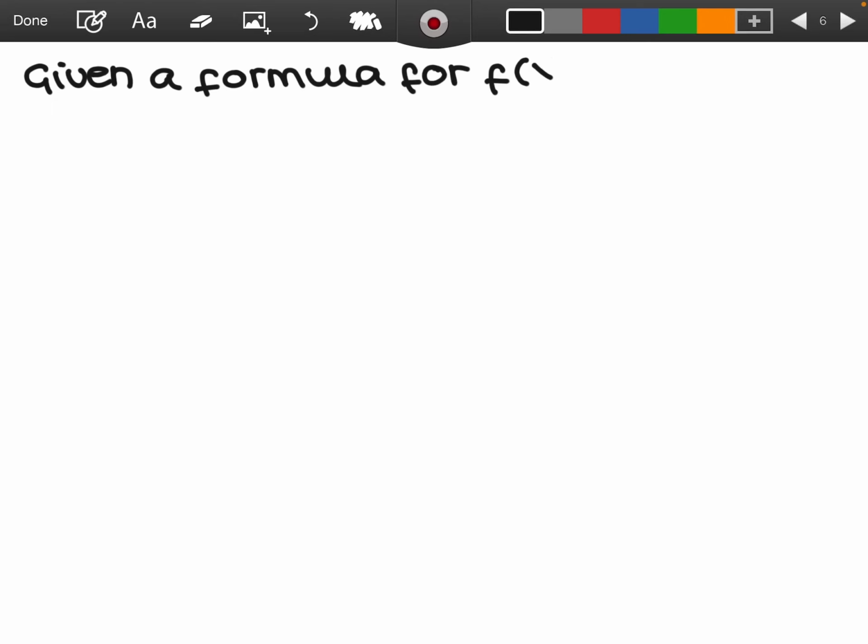The last thing we need to know is, given the formula for f(x), can we find the formula for f inverse of x? So now we are looking at the algebra of this. So if I'm given what f(x) is, can I find f inverse?